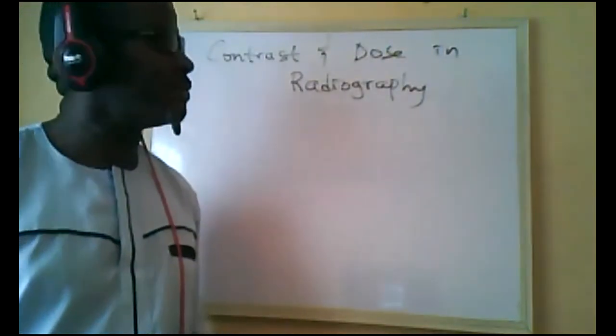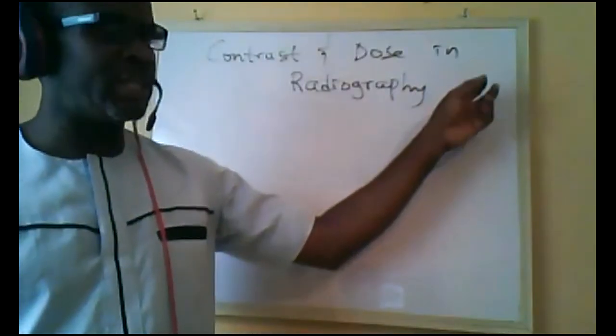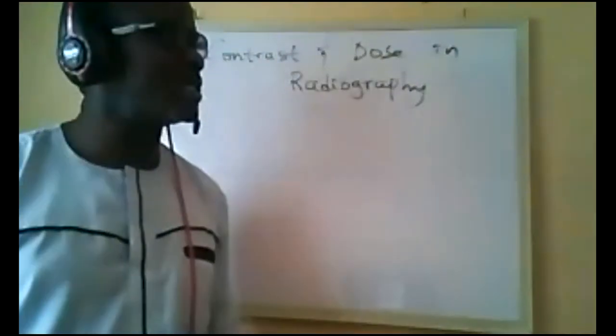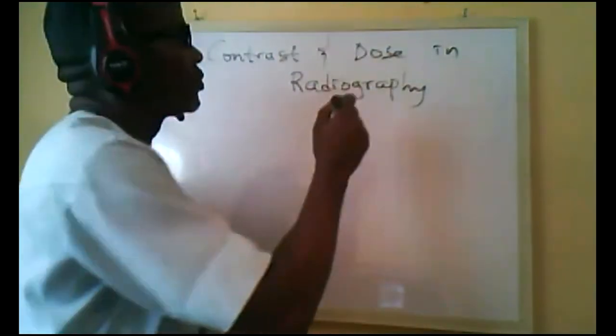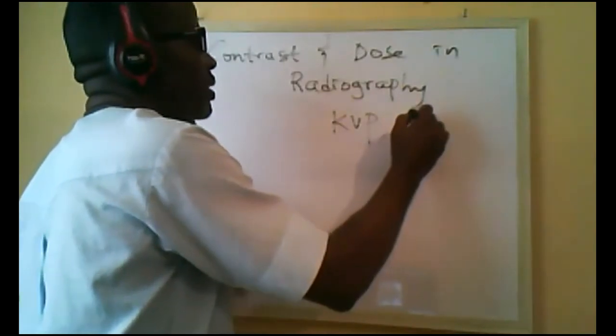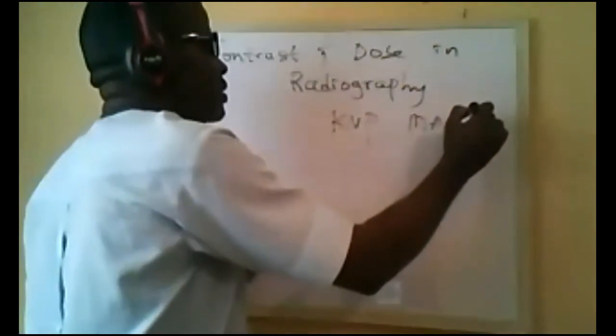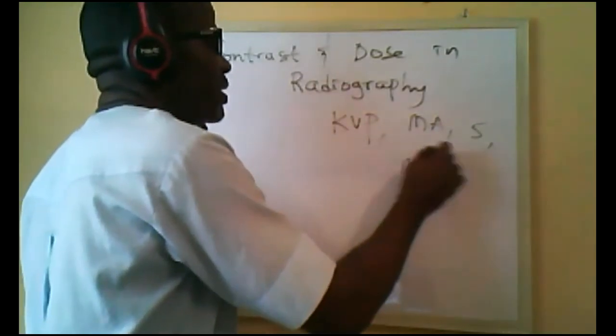All these factors are operated at the console. The radiographer operates all these parameters: the KVP, MA, time, that is S, and some have an MAS.